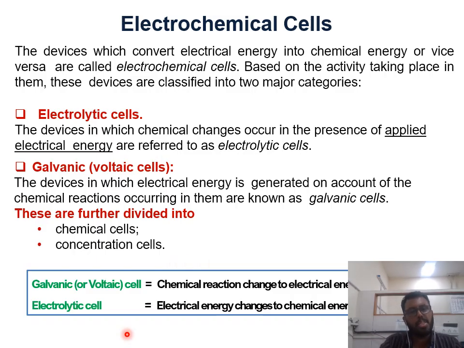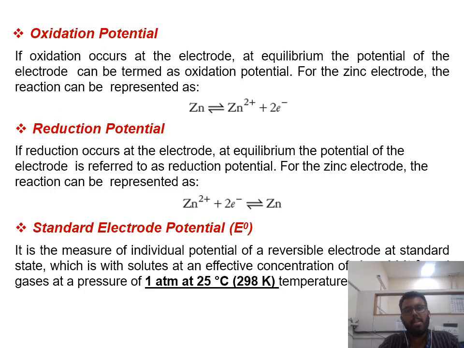So we should understand the basic difference between the galvanic or voltaic cell and the electrolytic cell. For that, the energy is supplied in the form of either current or potential. So we need to understand the terminology called oxidation potential, reduction potential, and standard electrode potential.